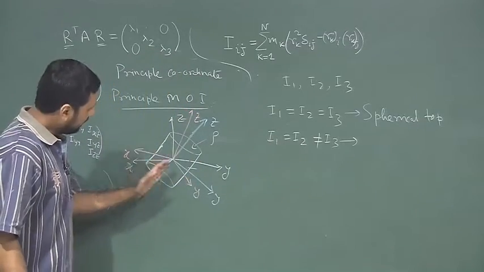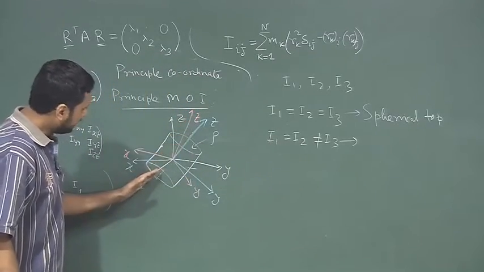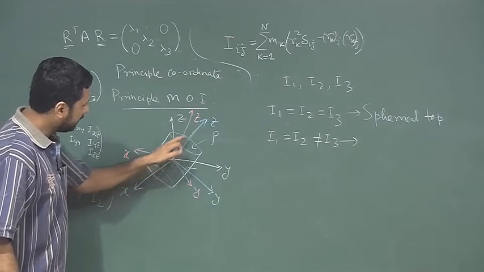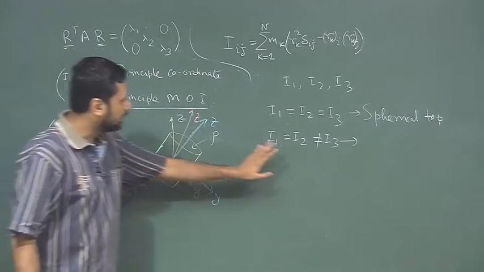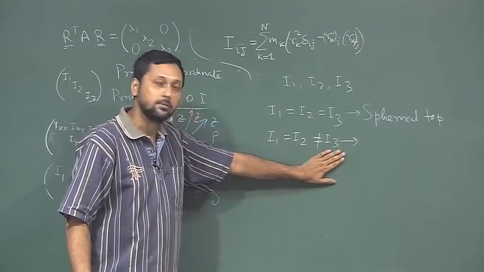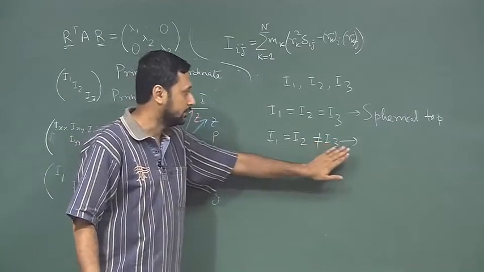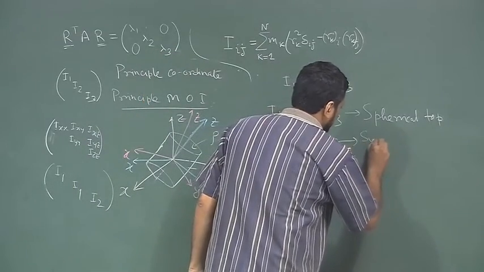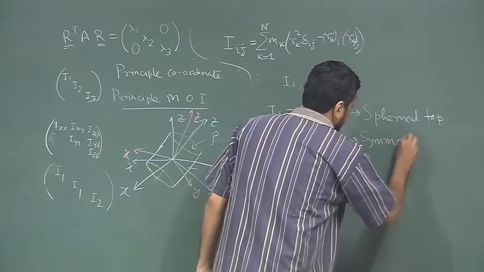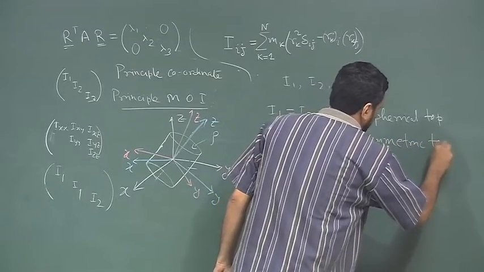Just by following the symmetry of the object, I can tell you it does not matter if we are at this point on the axis or that point, we will definitely have I1 equal to I2, which will be different from I3. So, this set of systems is called the symmetric top.